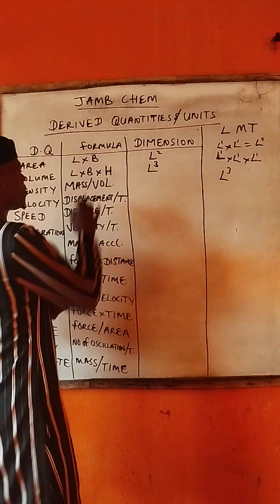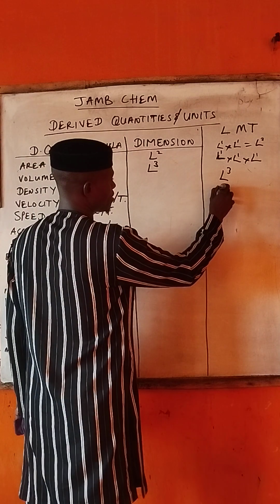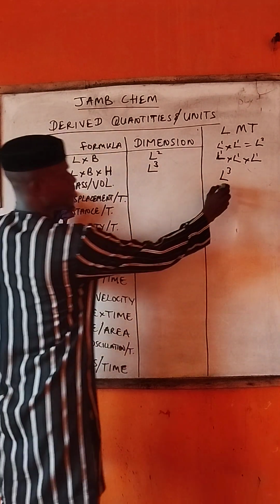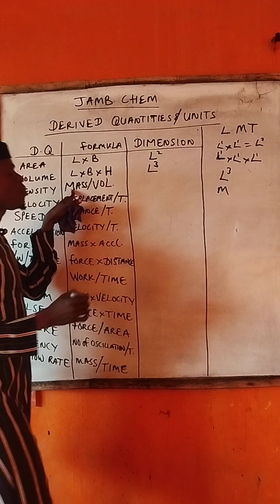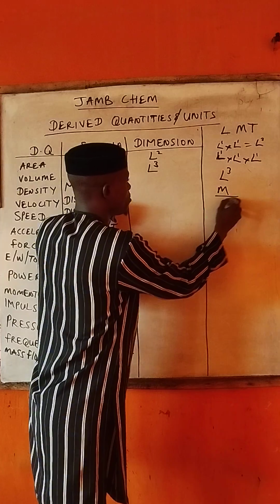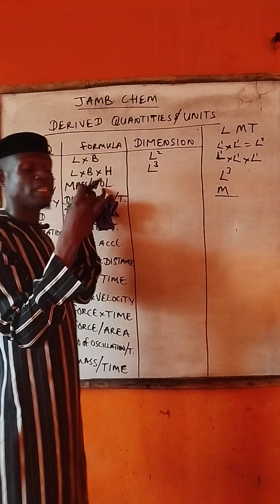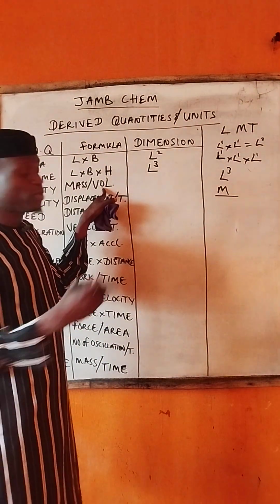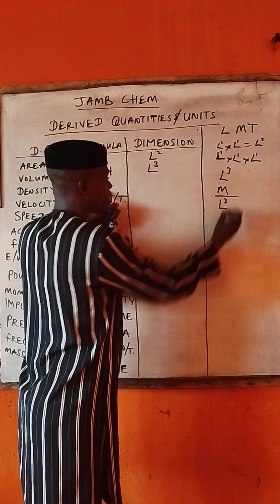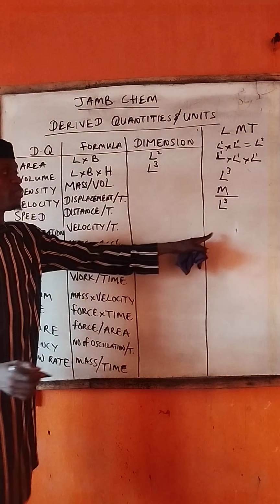For density, mass over volume. The dimension for mass is M, while the dimension for volume is L raised to power 3. The density is mass over volume, so the dimension is M divided by L raised to power 3.